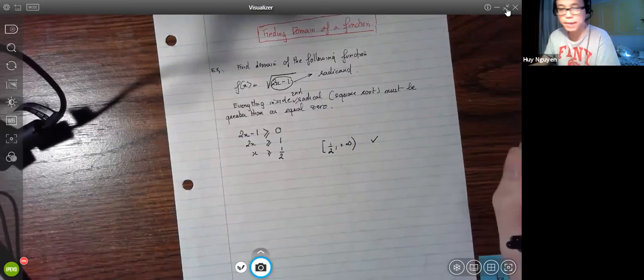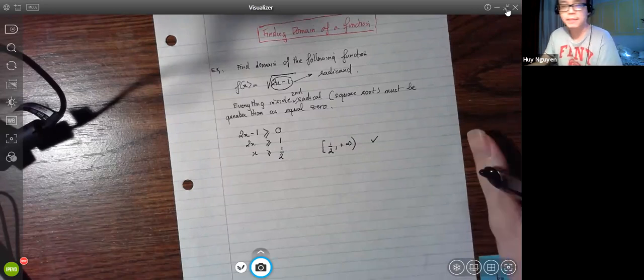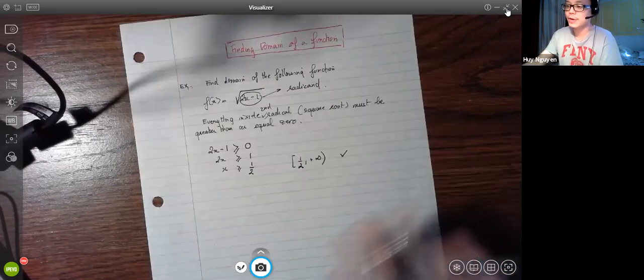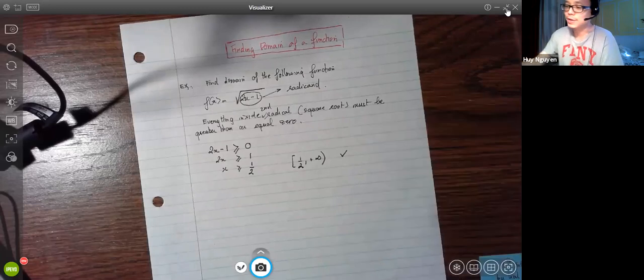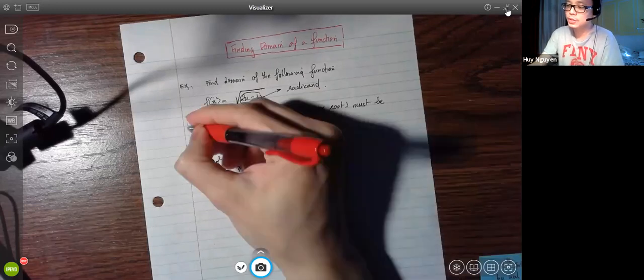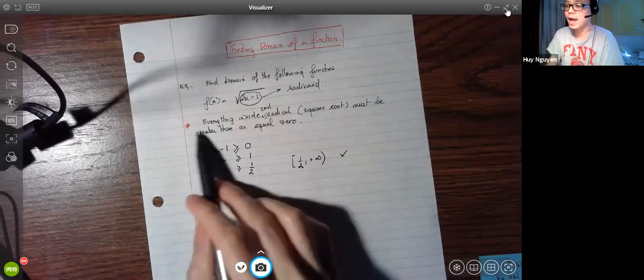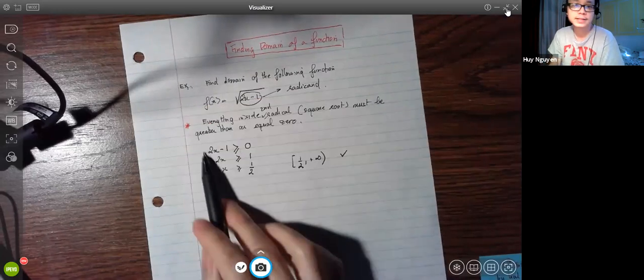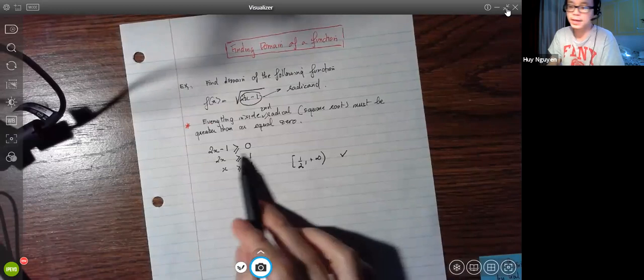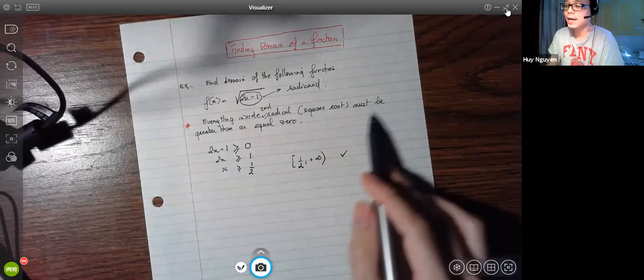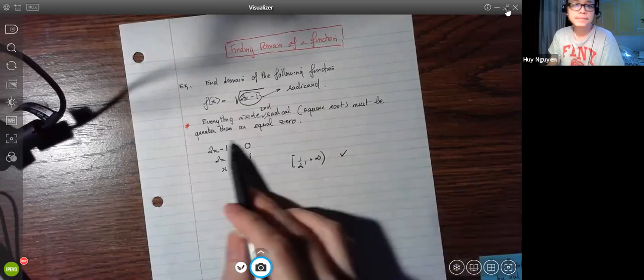Okay, everybody clear? Any concern here for the first example? Of course, on the test or on the assignment, you don't have to write this part. The reason I'm writing this is that I want to give you a better understanding of how I set this up. So this is like an explanation of why I'm setting this up.